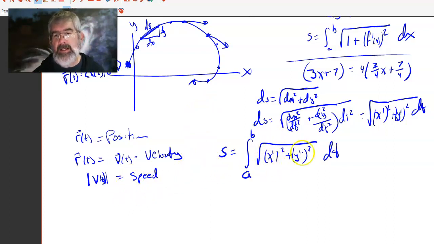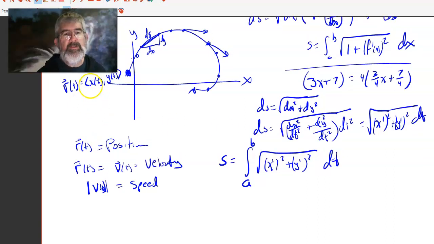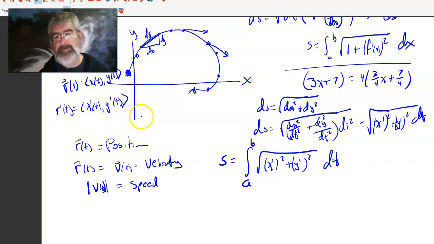So what I'm looking at here is precisely the length of the velocity vector, because the position vector up here, I scrolled a little bit too far, the position vector is x of t, y of t, so the velocity vector would be the derivative, which would be, take the derivative of each piece, right? x prime of t, y prime of t. And of course, if this was in R3, we would have a z prime of t here.